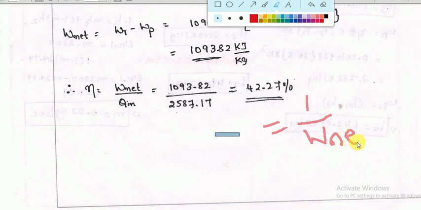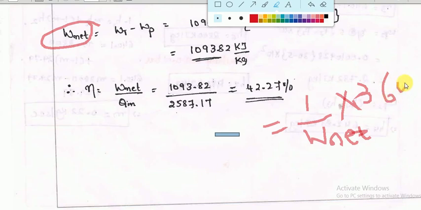W net we already know, so it is W net into 3600 to convert to kg per kilowatt hour. So 1 by W net is the steam flow rate. So we have solved this problem.